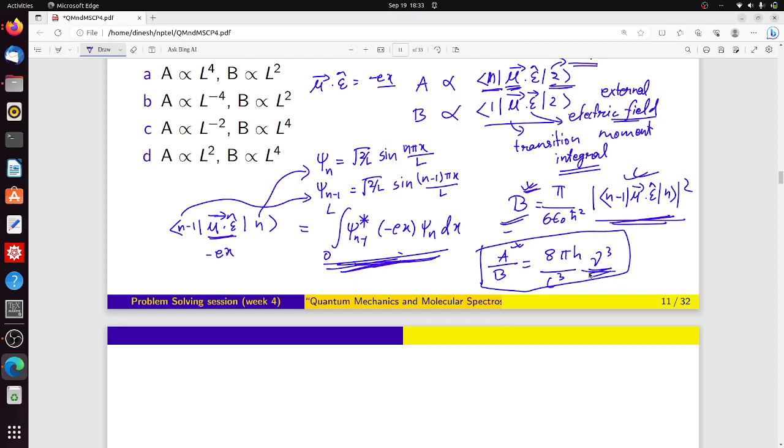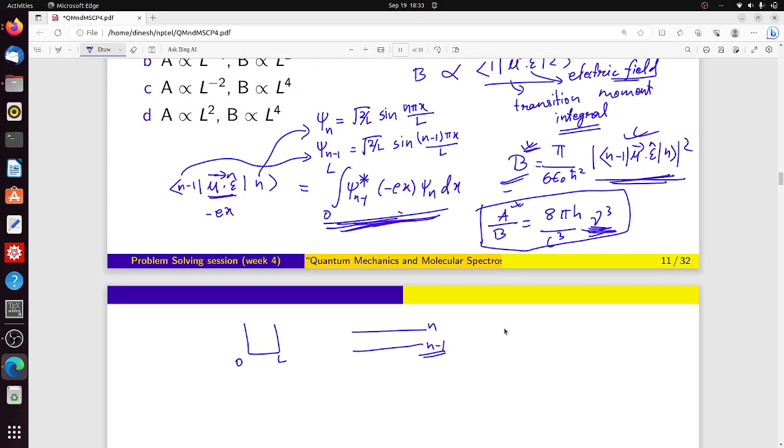And how do you calculate this nu? Any idea? This is a one-dimensional potential well. How do you calculate this nu when the energy transition is from n to n minus 1? What is the energy of nth level? H nu. Sorry, this is H nu. Okay.